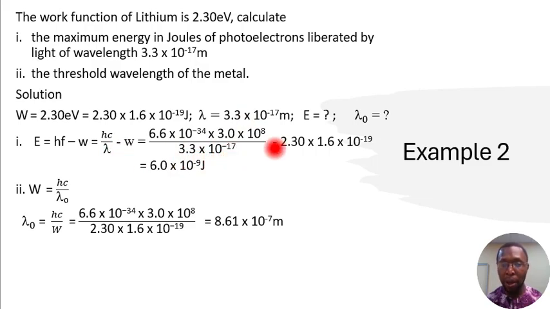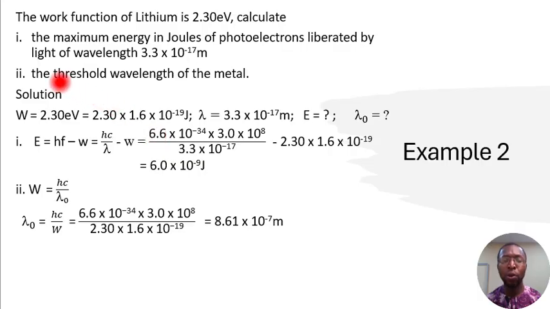Then minus our work function, which has been converted to 2.30 times 1.6 times 10 to the power minus 19. Now when you pick up your calculator and simplify all of these, our maximum energy will be approximately 6.0 times 10 to the power minus 9 joule.